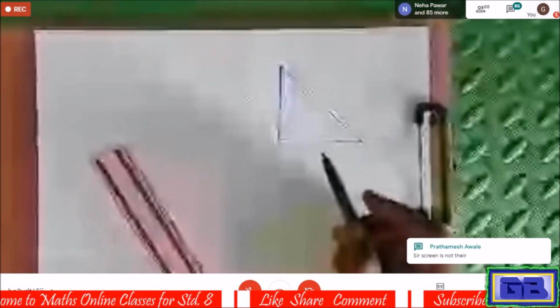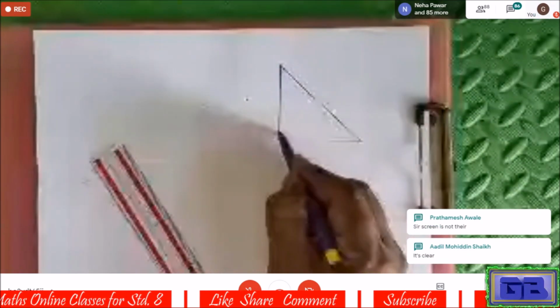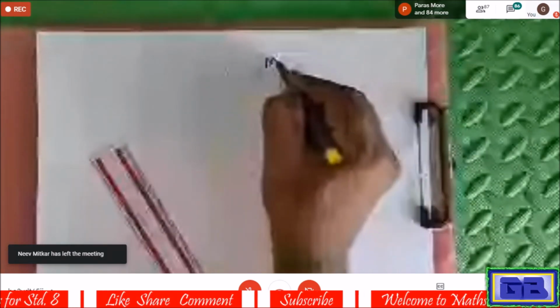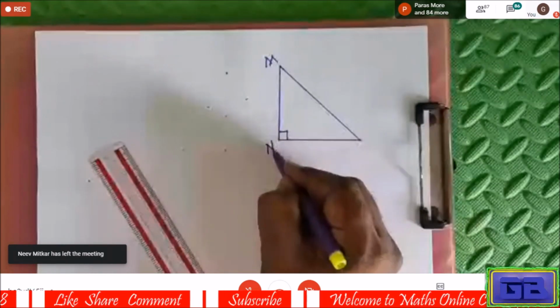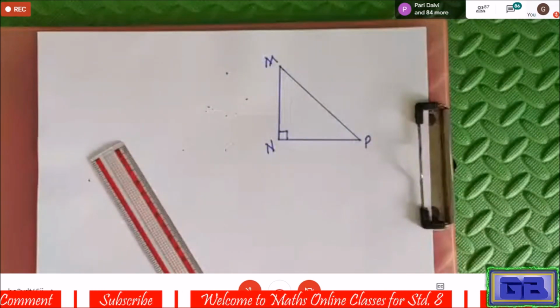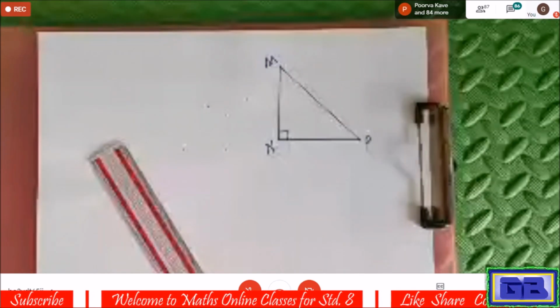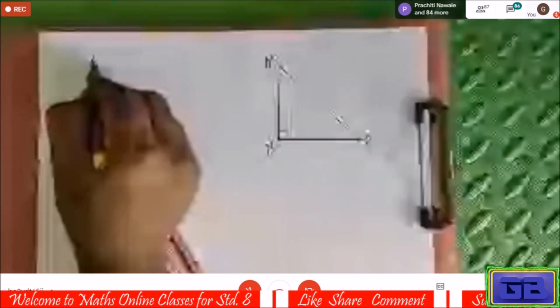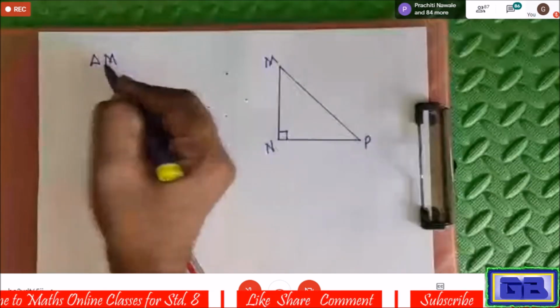I said we have to draw one right angle triangle MNP. Draw this right angle triangle MNP.